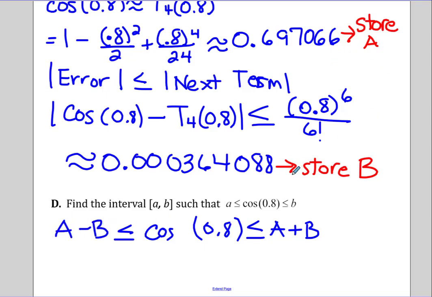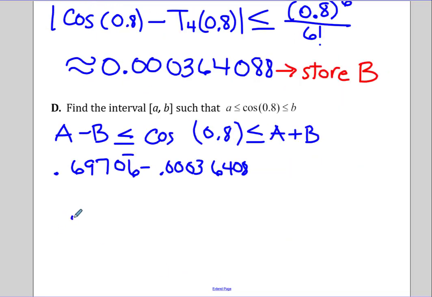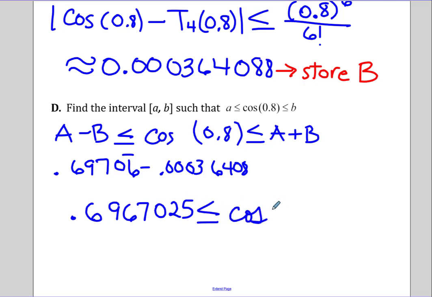So if you stored these in your calculator, we've got 0.69706 repeating minus 0.000364008. So do that arithmetic, and we would end up with 0.6967025 is less than or equal to the cosine of 8/10, which is less than or equal to, and same deal over here.